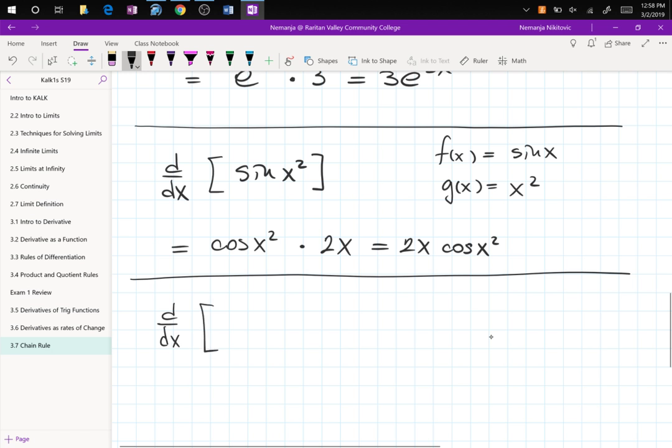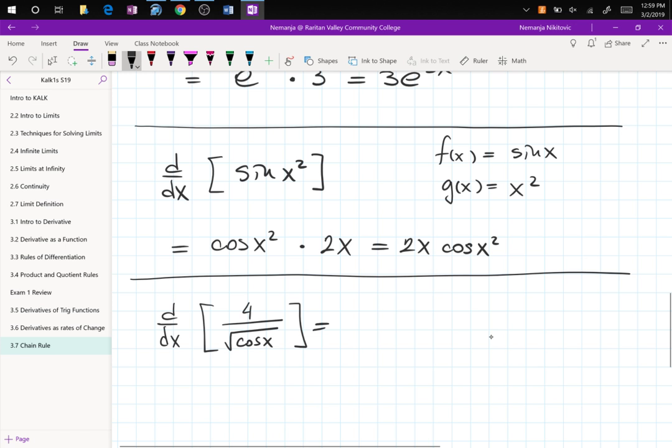What is the derivative of 4 over square root of cosine x? Doesn't matter what we put. What should we do first in a question like this? 4 over x.